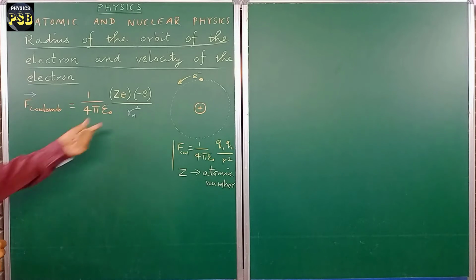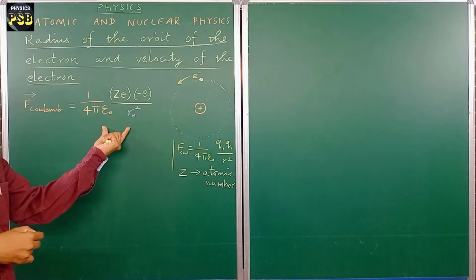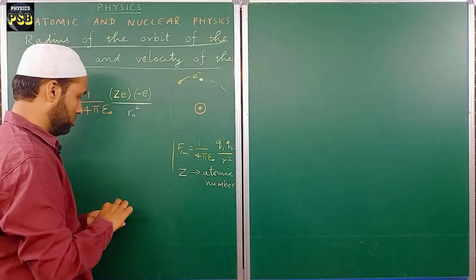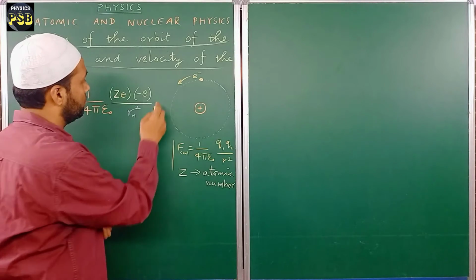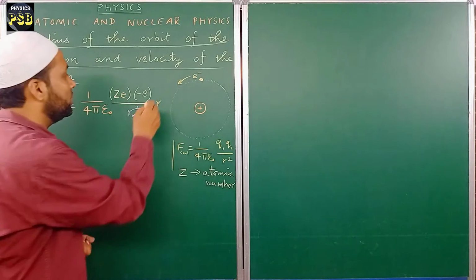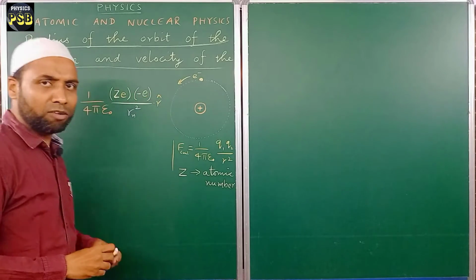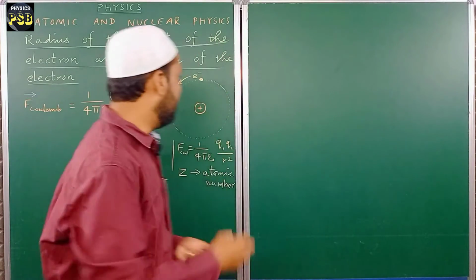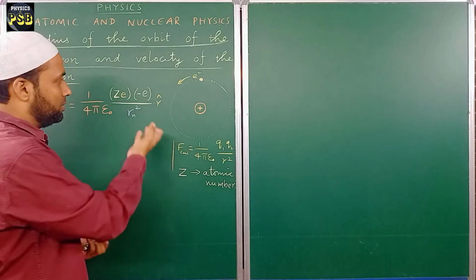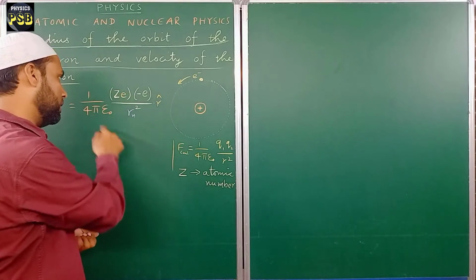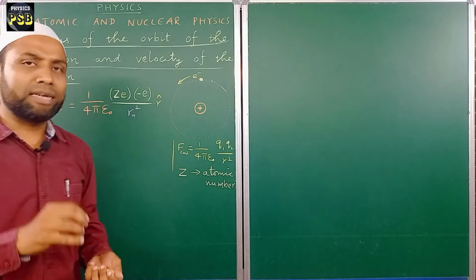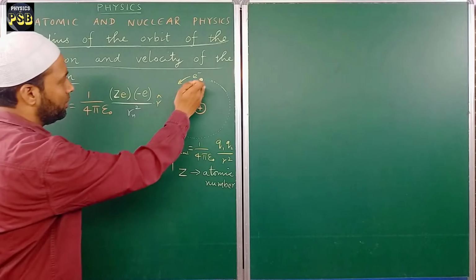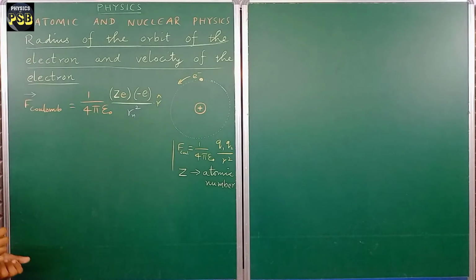On this side there is no term to represent the direction, so I use this unit vector. We know a unit vector has magnitude equal to 1 and has a direction. So by multiplying a unit vector with something, the magnitude does not change, but that quantity gets a direction. Clear? This is the Coulomb's force acting between the electron and the nucleus in an atom.